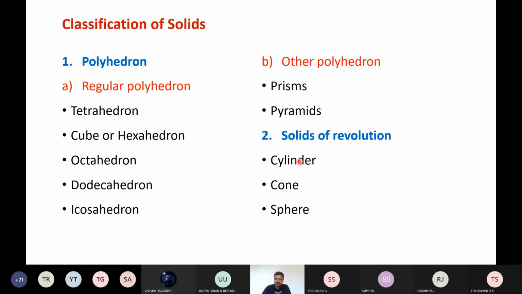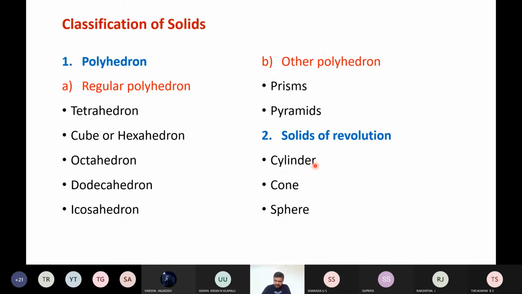Next, solids of revolution. That means if we revolve a plane having a particular shape through 360 degree, we are going to get these solids. For cylinder, if you rotate a rectangle for 360 degree, you can get a cylinder. Cone, if you rotate a right angle triangle for 360 degree, a cone will be generated.